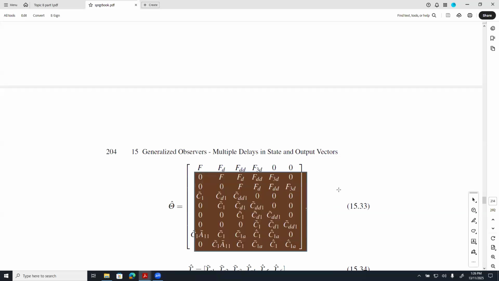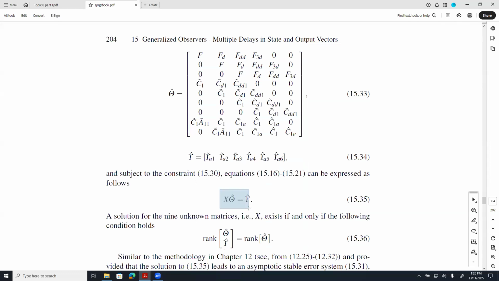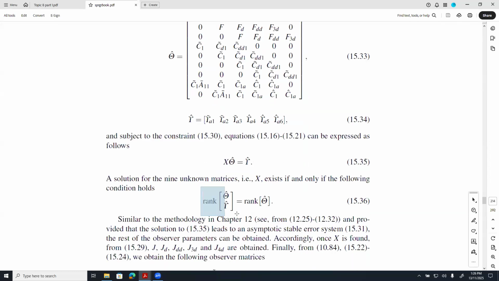And so when we have this big matrix expressed in this form, the existence condition, the if and only if, is basically that the rank of this left-hand side equals the rank of this right-hand side. And if it is satisfied, what do we do next?